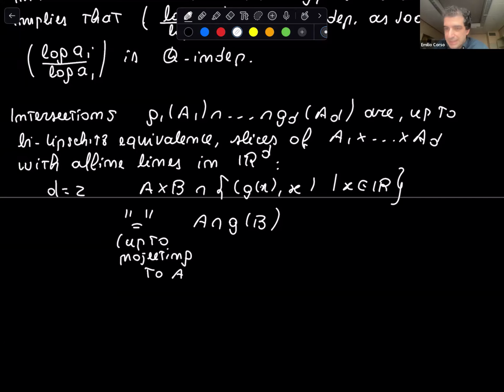So we can understand the problem of such intersections by understanding slices of the product of such invariant sets with affine lines in RD.